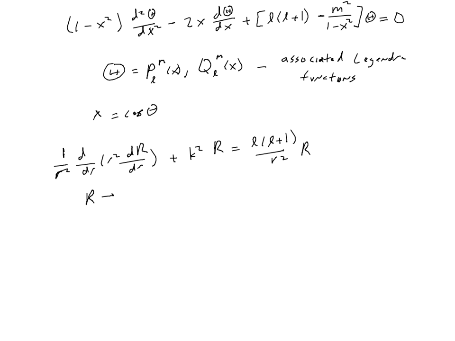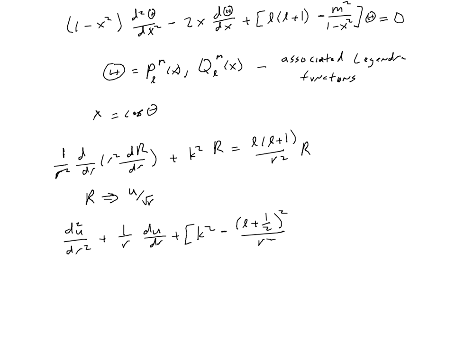And so if we do a change of variables, we take r and we turn it into u over square root of r, then we get the equation: the second derivative of u with respect to r plus 1 over r du dr plus k squared minus L plus 1/2 squared over r squared, u equals 0.